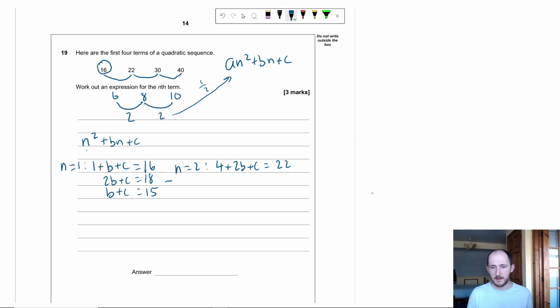And we're left with b equals 3. Now if I sub that into this equation here, b equals 3, then that means c must equal 12, because we get 3 plus c equals 15. So my final equation is going to be n squared plus 3n plus 12, which should give me all of those values in that expression.